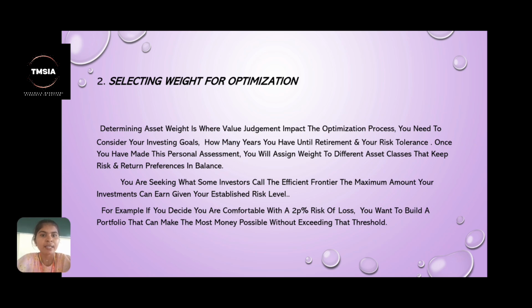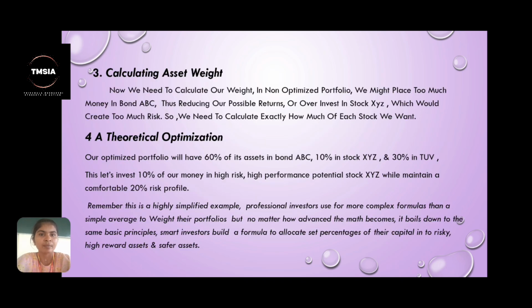You are seeking what some investors call the efficient frontier, the maximum amount your investment can earn given your established risk level. For example, if you decide you are comfortable with a 20% risk of loss, you want to build a portfolio that can make the most money possible without exceeding that threshold.